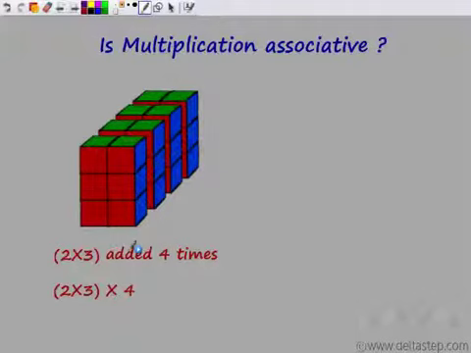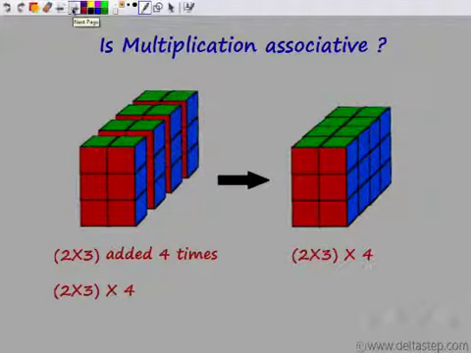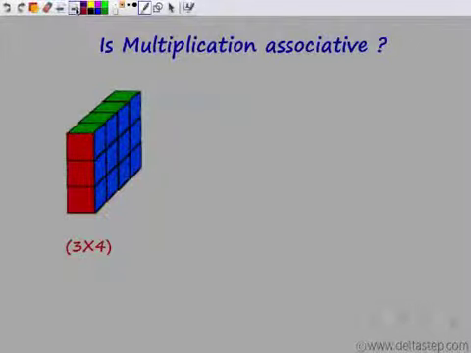Now, if I stack this together, I would get this block. If I put all of this together, I would get this block. And this block signifies 2 into 3 into 4. Now, if I look at this block, 3 blocks added 4 times: 1, 2, 3, 4.